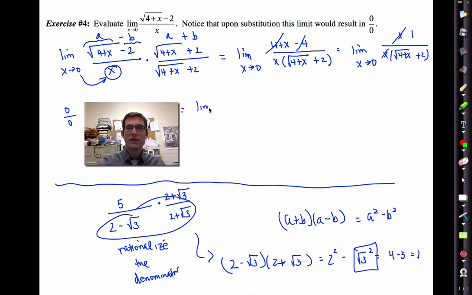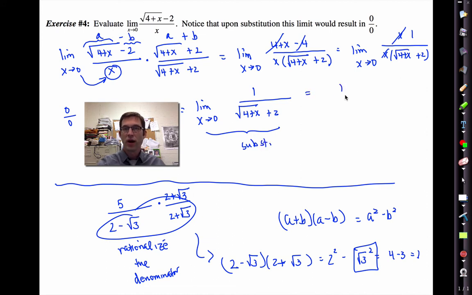So now I have the limit as x goes to 0 of 1 divided by the square root of 4 plus x plus 2. I can now substitute, in which case I'll drop the limit as soon as I substitute. Now I'll get the square root of 4 plus 2. And that's 1 divided by 2 plus 2. Whew, and that's a limit of 1/4.